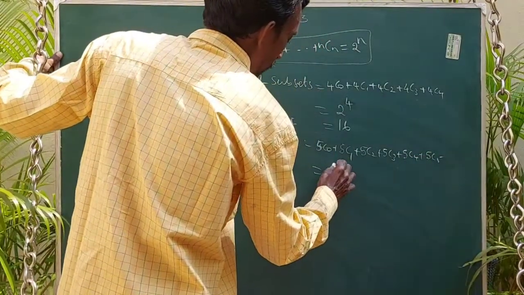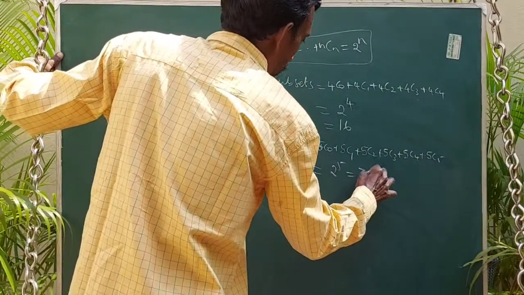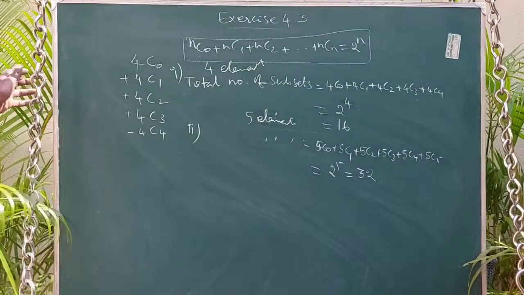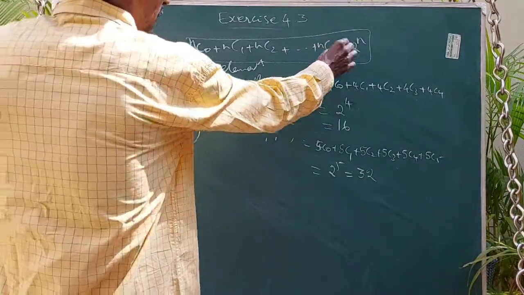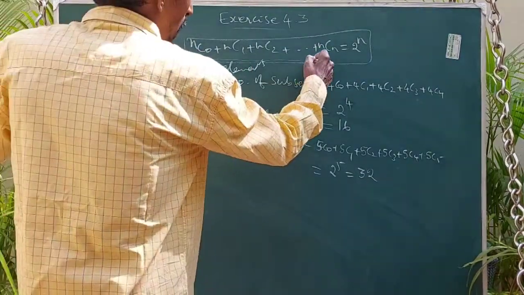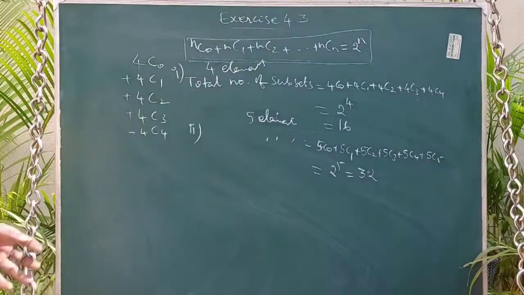It is nothing but 2 power 5, which is 32. Similarly, subdivision 3 is n elements. Therefore, in general, the answer is 2 power n. You can write this formula and write it is equal to 2 power n.